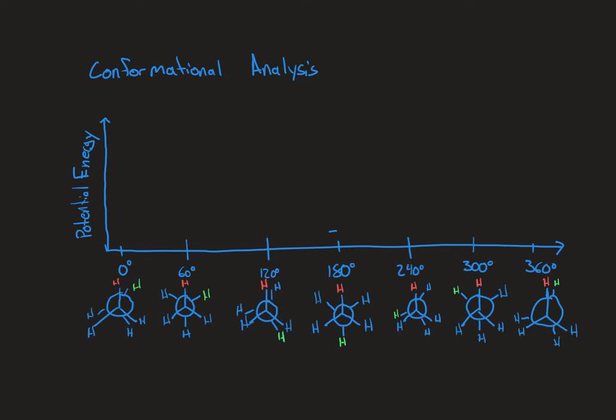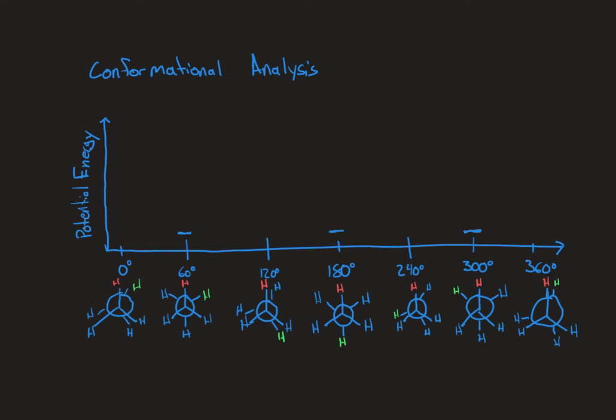So I'm going to put a mark at this 180 degrees, where they're the farthest apart, to say that's the lowest energy. And hopefully it's clear that all of the staggered conformations are the same because there's only hydrogens in here. And so I'm going to go through for each staggered conformation and put a line representing a low energy pathway or spot in this curve.